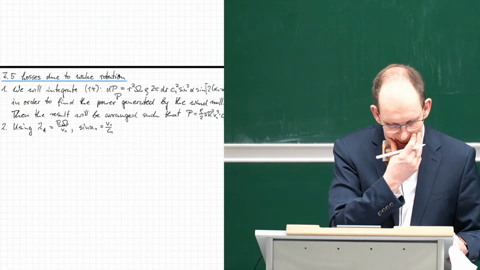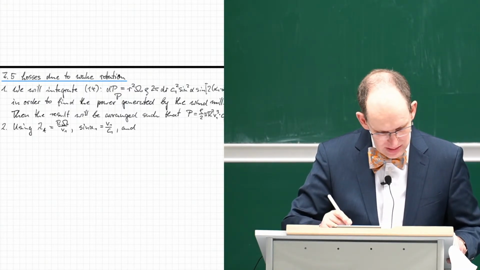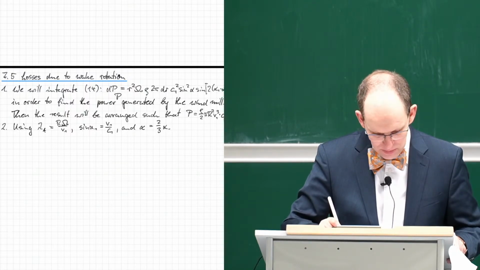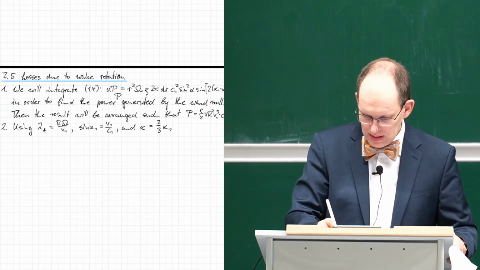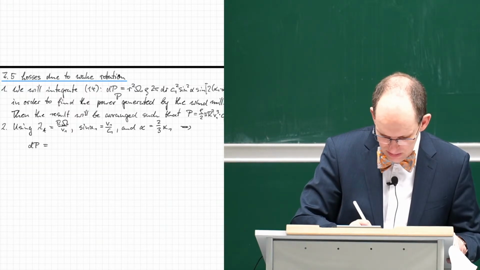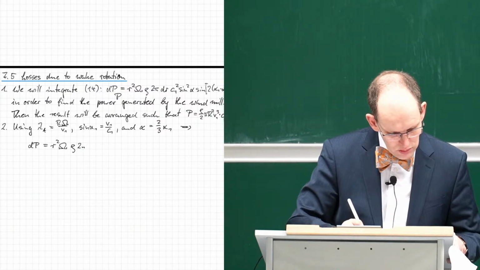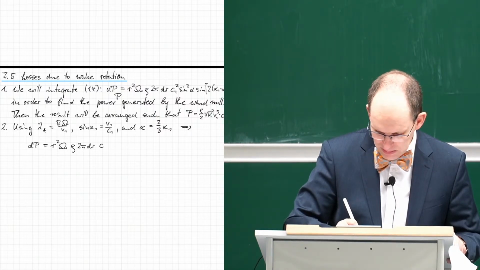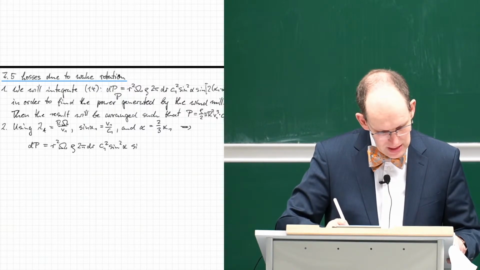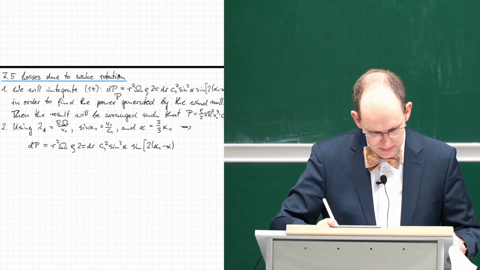What else? And then the optimum angle: we use that alpha is equal to 2/3 of alpha 1. If we use this, then we get dP equal to r squared times omega times rho times 2 pi times dr times c1 squared sine squared of alpha sine of 2 times alpha 1 minus alpha.